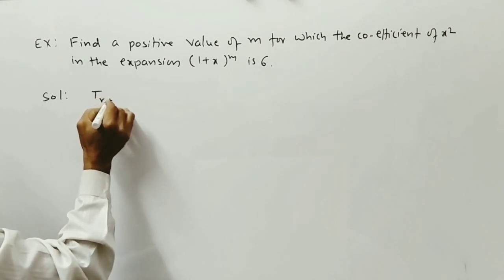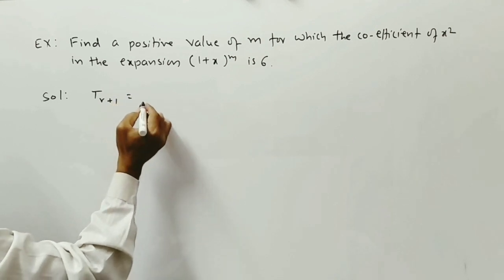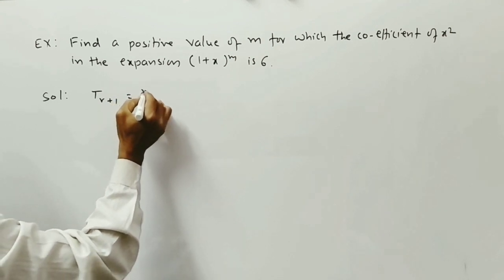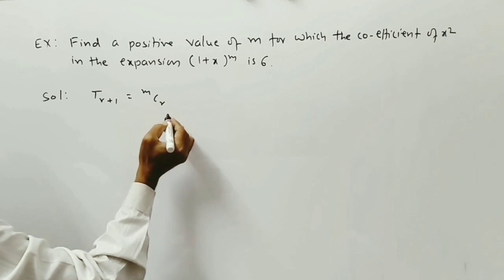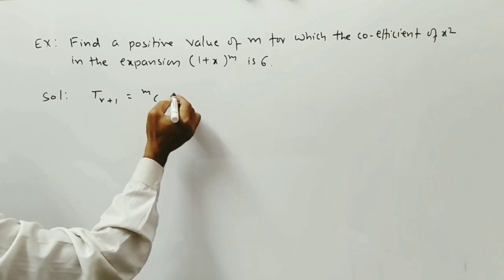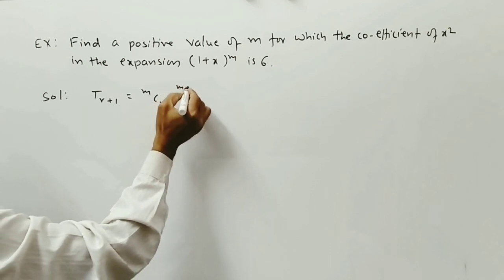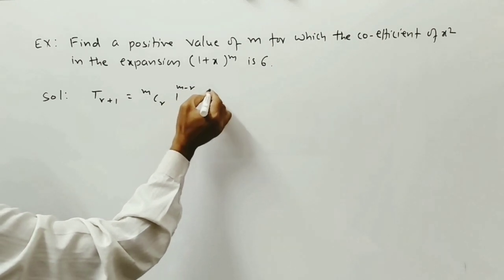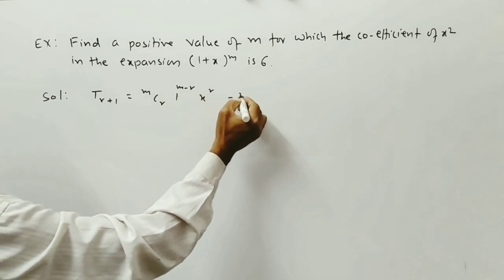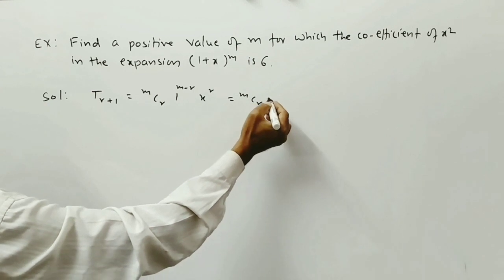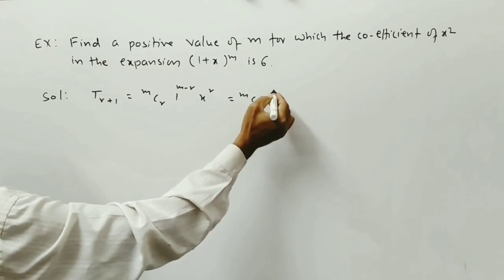T r plus 1 is equal to m c r into 1 raised to the power m minus r into x raised to the power r, is equal to m c r into x raised to the power r.